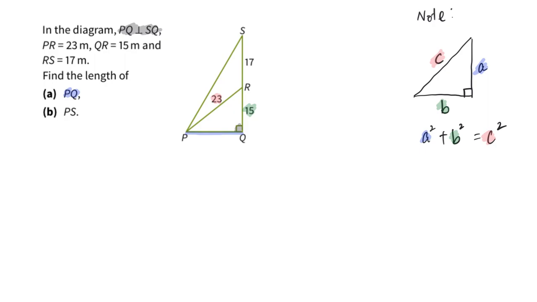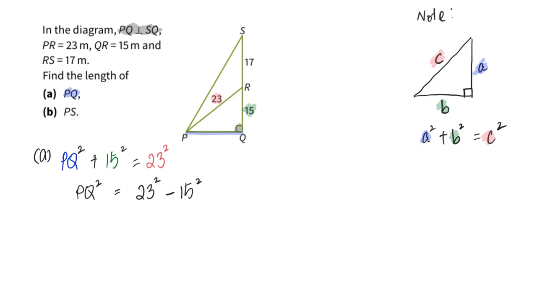and from there I will be able to get my answer for part A, whereby PQ square plus my 15 square equals to my 23 square by Pythagoras theorem. Okay, and therefore my PQ square is simply equals to 23 square minus 15 square.